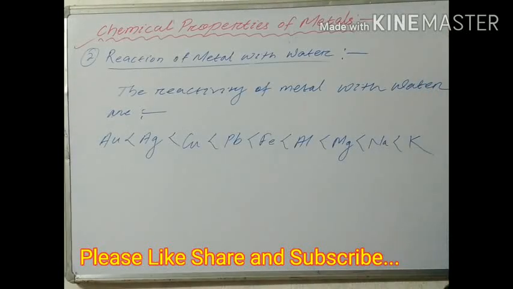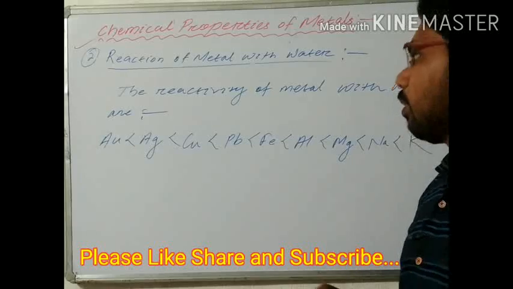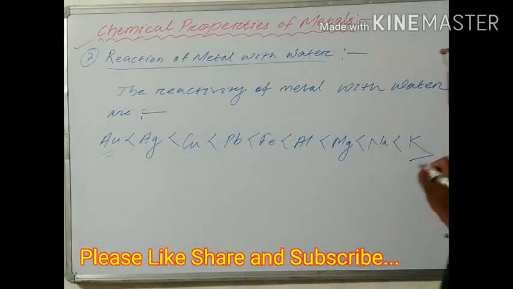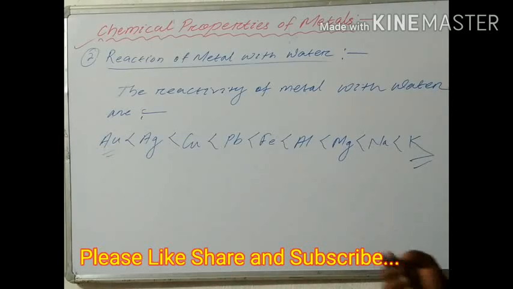This is the order of reactivity towards water. The lowest reactivity is gold, and the most reactive is potassium.